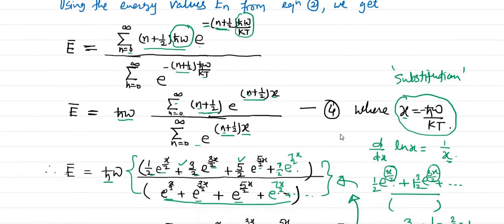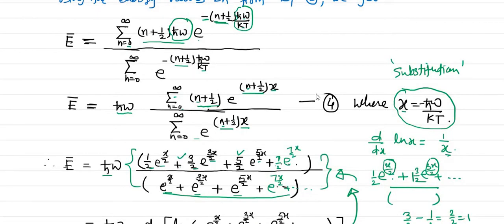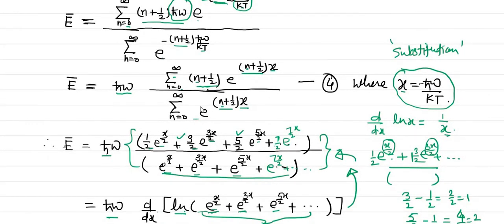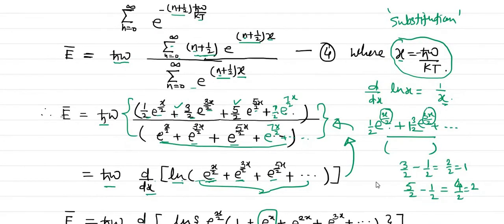For simplicity we considered negative h cross omega by kT as x, and then we expanded the series for 3 or 4 terms. Minimum 3 terms you have to expand, so that you will understand the continuity, or some common pattern in the terms.